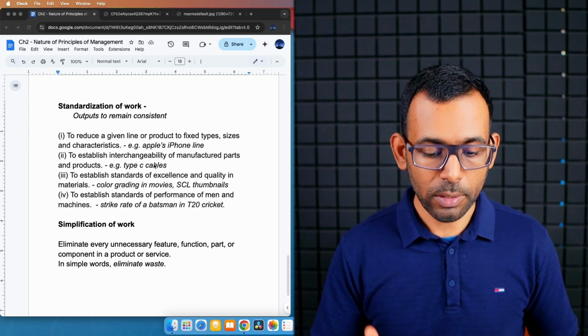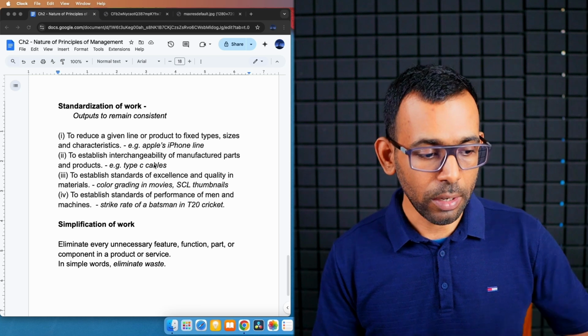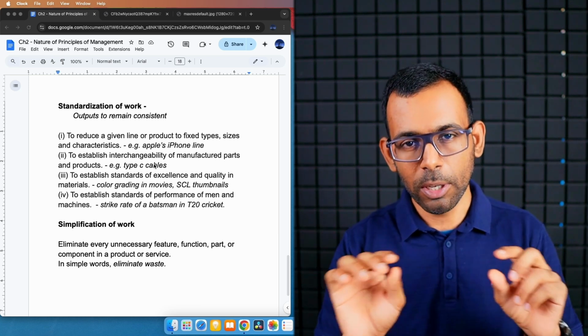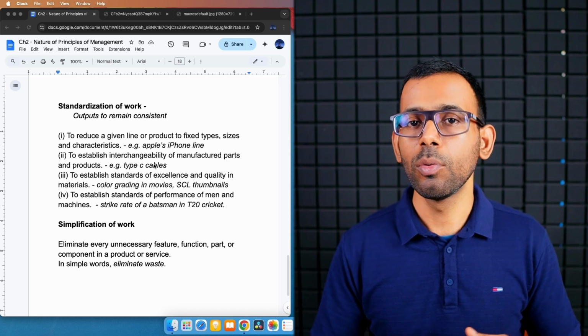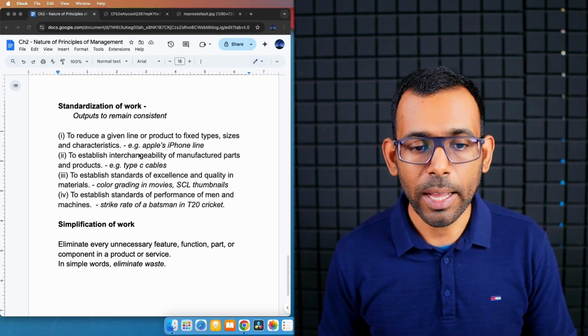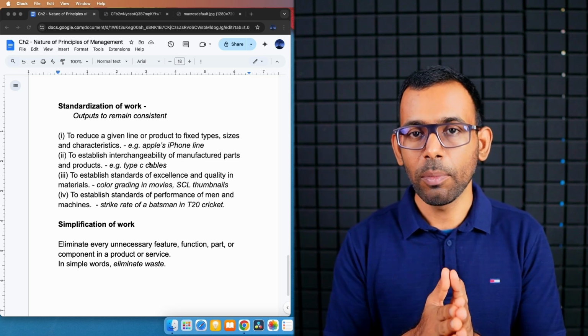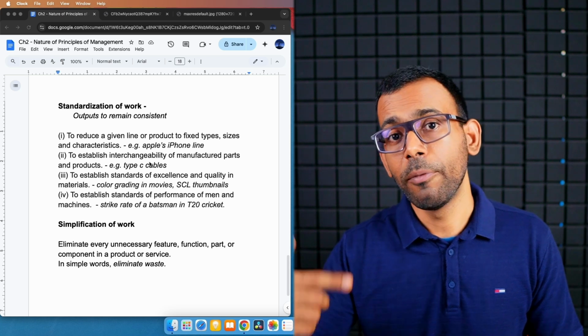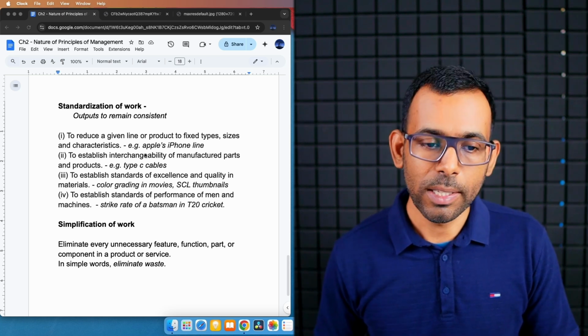And also this very mic that I'm using, I've connected to my PC through a Type-C cable. So the cable is just one, but it is able to do a lot of different things. So that is the interchangeability aspect. I can use the same cable across many devices and for very different purposes. So that's the second point.